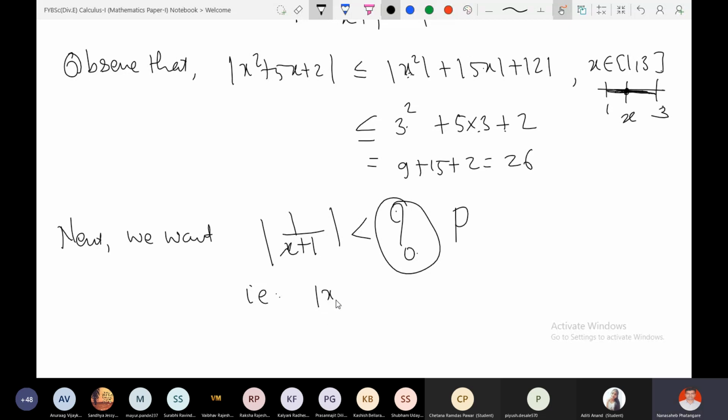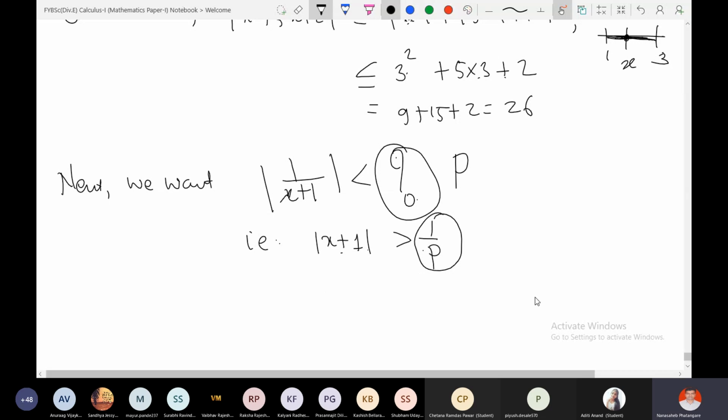That is what we want. That means the absolute value of x plus 1 should be greater than 1 by p. That means we want a number which is less than the absolute value of x plus 1. That is what we want. Correct? Am I right? Yes.